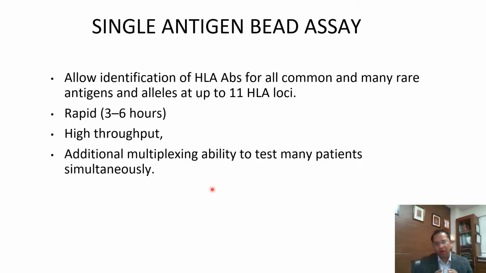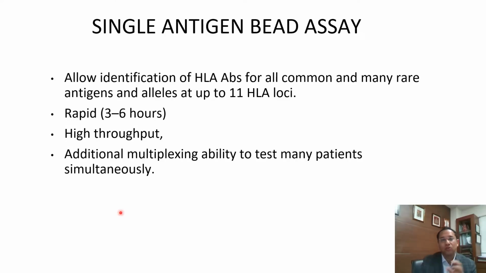So what you have detected is anti-HLA A02, which is specific to the A02 antigen that you have. So that means that a single antigen has been detected. It's not a group of antigens. You have actually narrowed down to, okay, the anti-HLA A02 antibody is there.